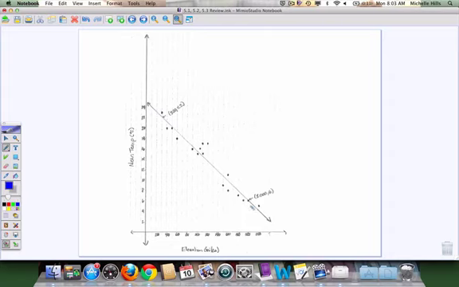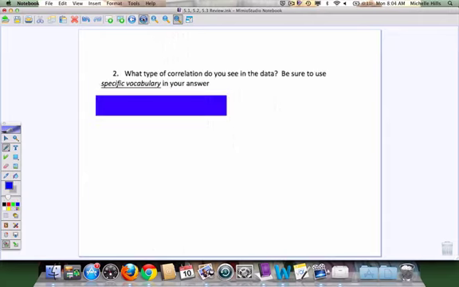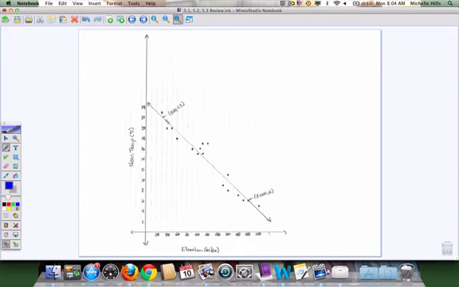In addition to that, they asked me to draw a line of fit. For my line of fit, I tried to balance it so that I had roughly the same amount of points on each side. I was not counting the number of points on the left or the right of the line, or above or below it.